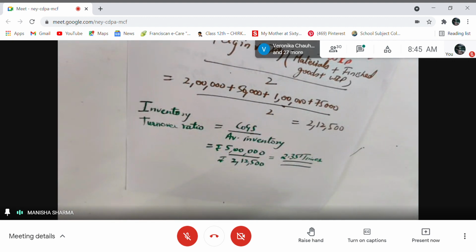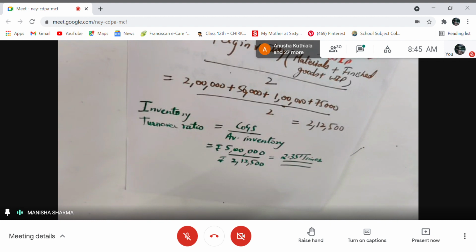So every time you have to find opening and closing inventory, you go down to the notes to accounts to see what, as I told you, will be considered. Cost of material consumed consists of raw material, finished goods will consist of finished goods, work in progress will consist of work in progress. So there are three main items which will be considered for COGS.